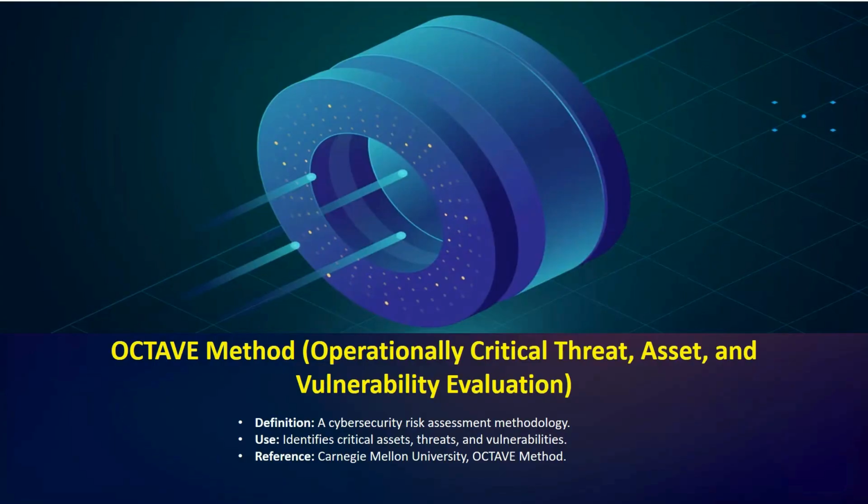It guides you through identifying critical assets, understanding threats to those assets, and evaluating the vulnerabilities. For anyone working in IT or cybersecurity, this is an essential tool for protecting your digital assets. In the definition you can read: cybersecurity risk assessment methodology. It identifies critical assets, then threats, and then vulnerabilities.